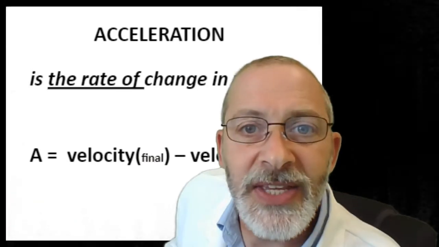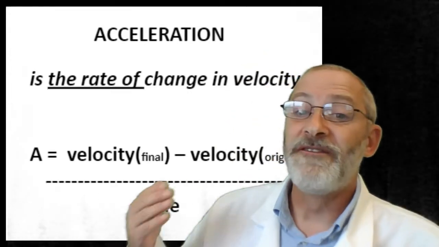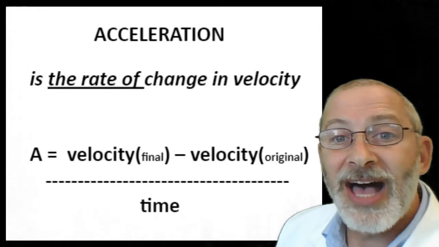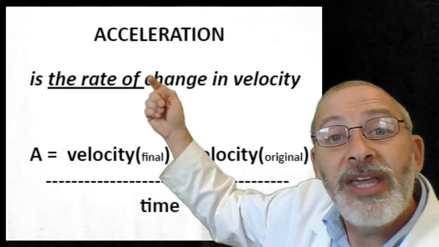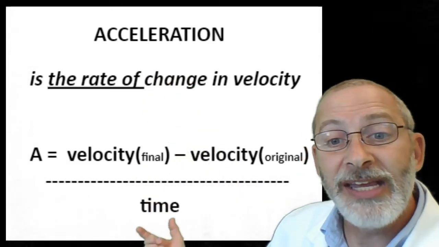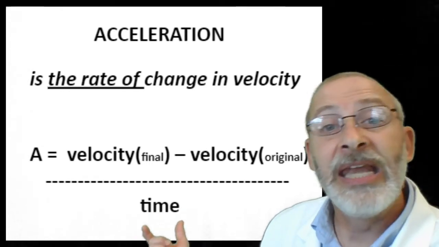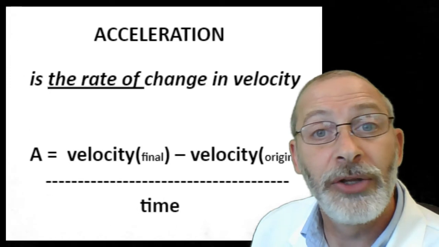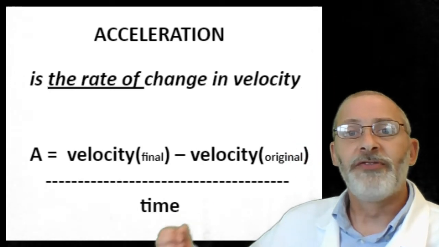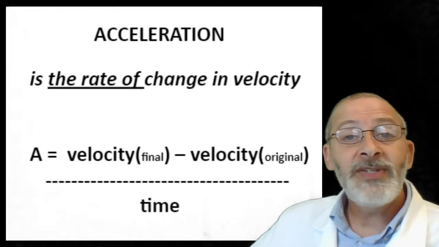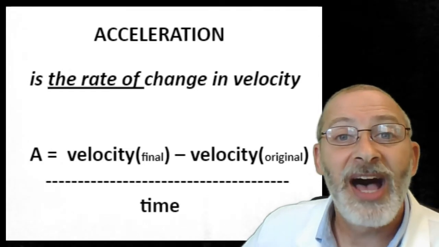It's when something is compared to time or divided by time. So from these words in the definition, we can create this mathematical equation which will enable us to calculate acceleration. So acceleration is equal to the final velocity minus the original velocity divided by time.